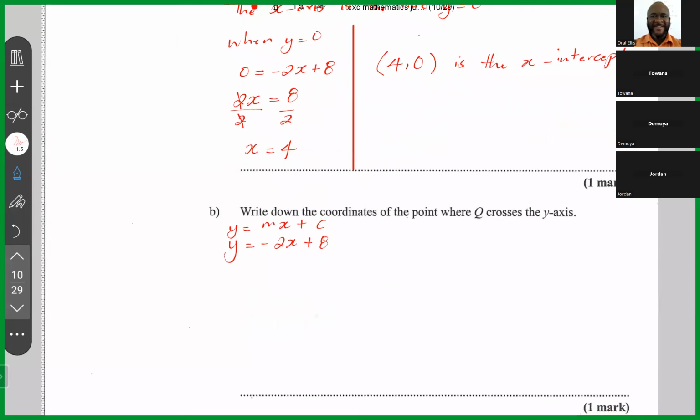So the coordinates of the y-intercept are (0, 8). The y-axis is the line x is equal to 0. So x is equal to 0 and y is equal to 8 are the coordinates of the y-intercept.